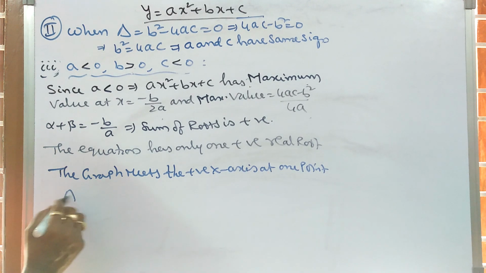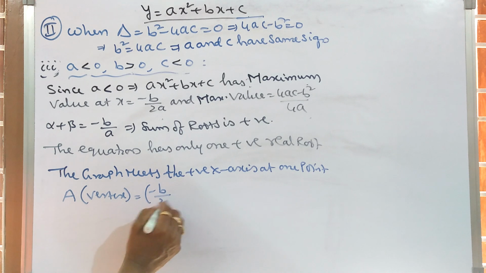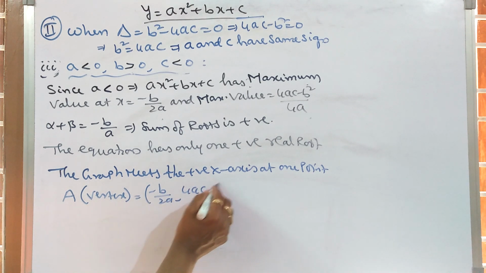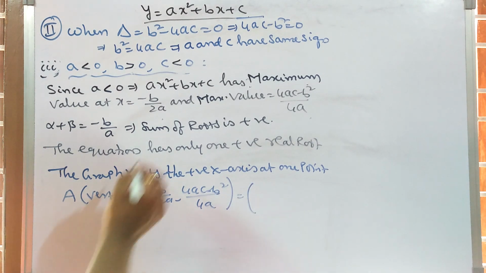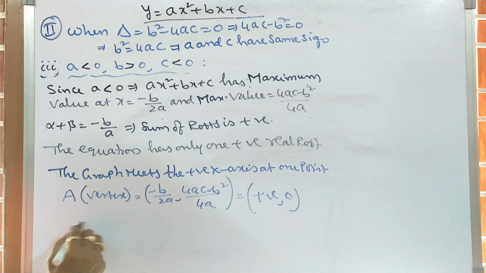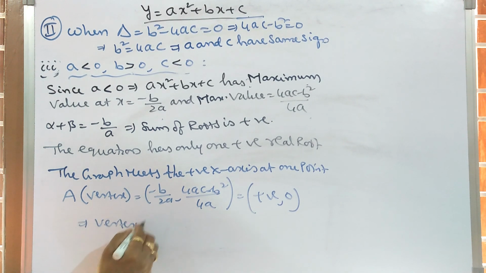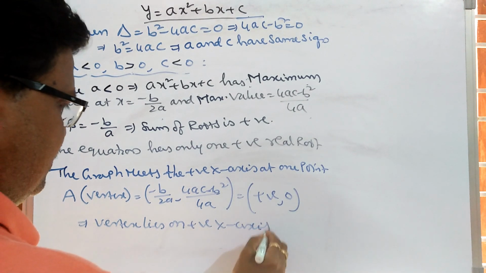And similarly, the vertex is equal to (minus b by 2a, (4ac minus b square) by 4a). That is, minus b by 2a is positive and this is 0. That means the vertex lies on the positive x-axis.